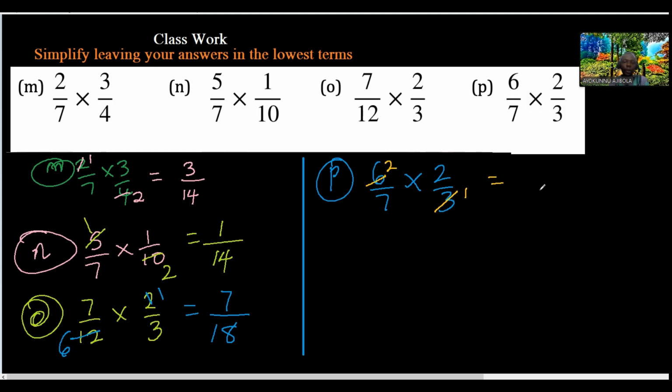So what else? We do 2 times 2, which is 4, and 7 times 1, which is 7. Now you understand everything, right? Okay, good. Please write down the solution, then I'll give you the one to try.